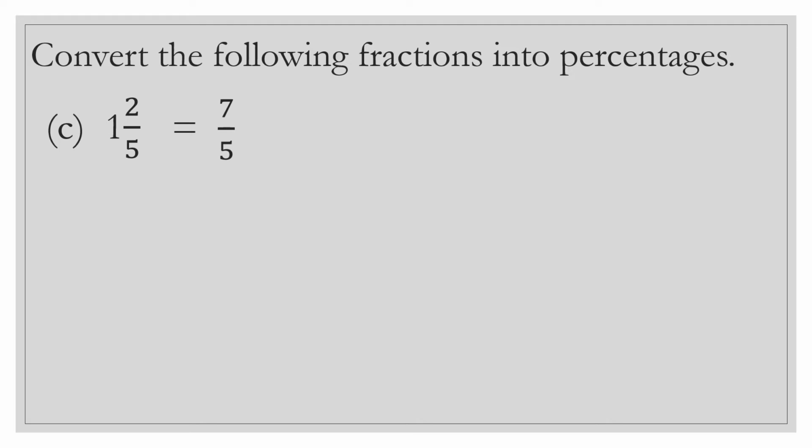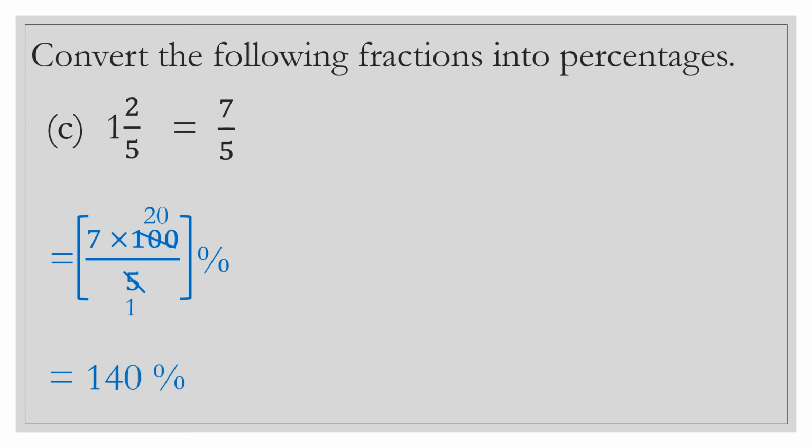That means 7 upon 5 multiply by 100 in bracket and put the percentage symbol after bracket. Now simplify. See, 5 and 100 both are divisible by the same digit 5. So divide. 5 ones are 5 and 5 20s are 100. Now it cannot be further divisible. So do the multiplication. We get 140%. So the answer is 140%.